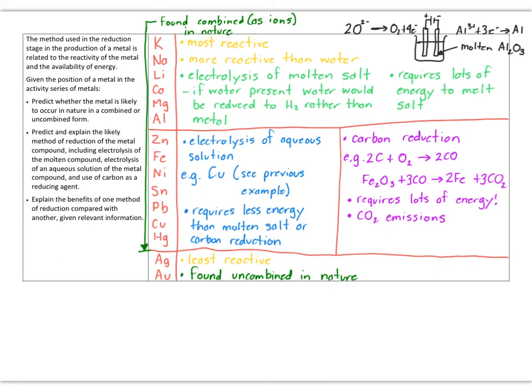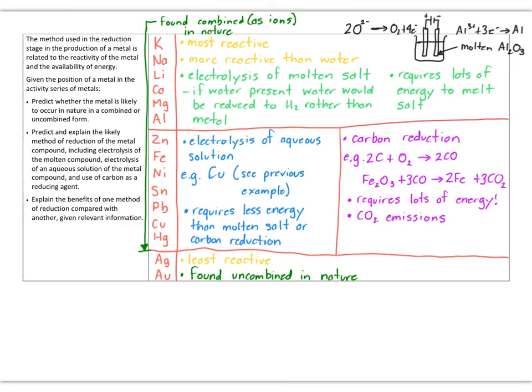It hasn't lost its electrons in interactions and combined to form salts or minerals. So that's why we are able to find it uncombined in nature. You do actually occasionally find a little bit of copper uncombined in nature, and that is nearer this end of the spectrum. But because it's the least reactive, that's why they're found uncombined.